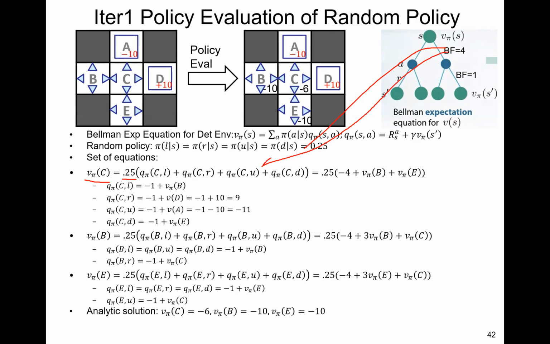Therefore, you have 4 terms in the V expressed in Q's. And then the environment is deterministic, so the environment branching factor is 1, which corresponds to the Q having only 1 term for each Q value function. Then you solve the set of equations to get the solution for the value functions.